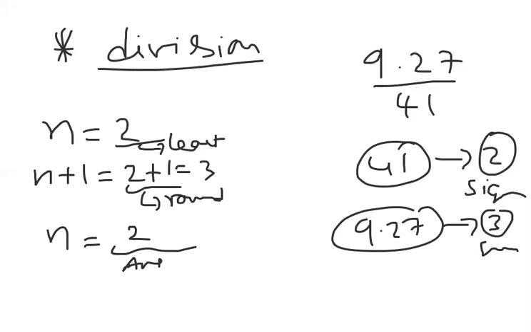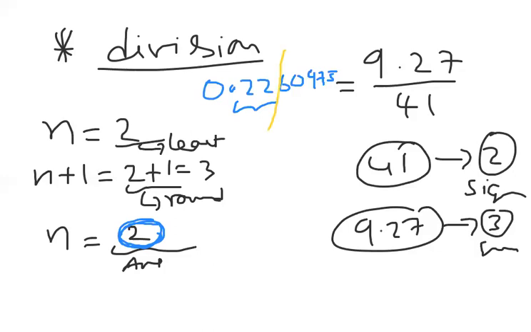So first let us divide those two. 9.27 has 3 and 41 has 2, so both are satisfied; nothing to change. What answer do we get? I did it in the calculator and got 0.2260975. But my answer must have only 2 significant digits, so after those two numbers, draw one line.